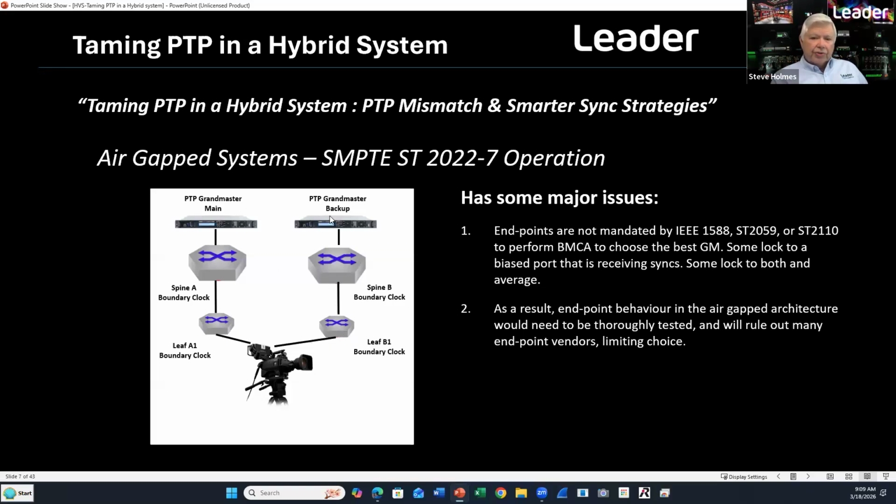The other issue is there can be fractional phase difference between these two, just because we're dealing with packets and we're generally going through several switches to get there, especially in a leaf spine system. You're going to be 2 or 3 hops to get PTP to the end source.